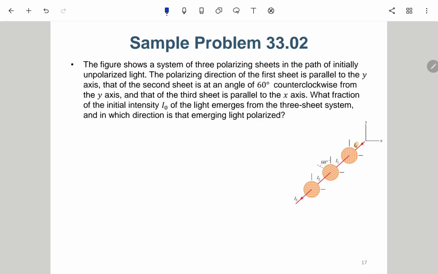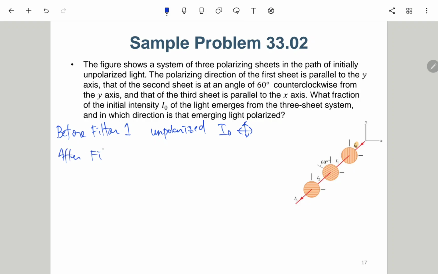Okay, this is not difficult. First of all, before filter 1, it is unpolarized, with intensity I0. So we draw the two directions of oscillation.